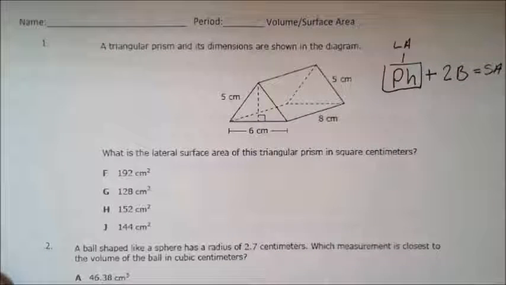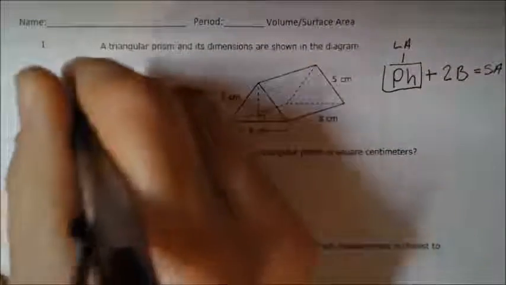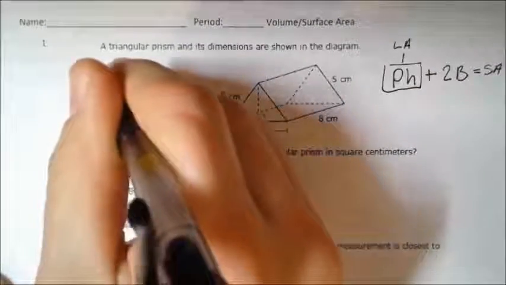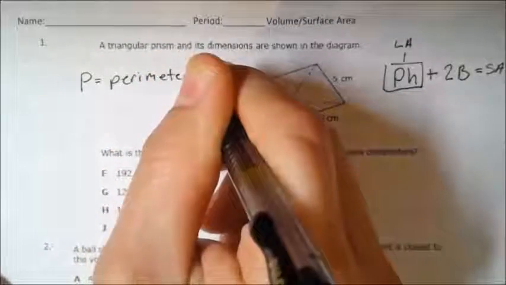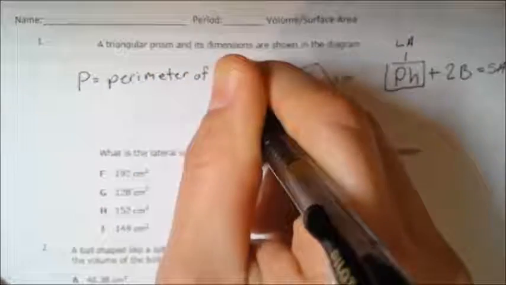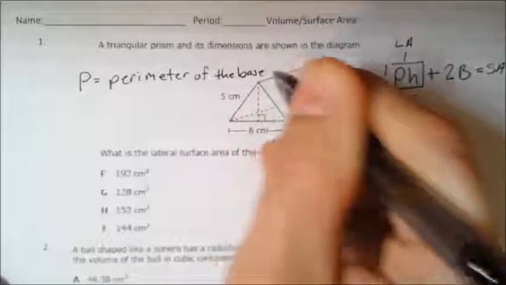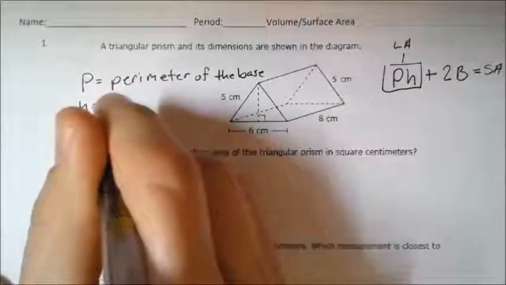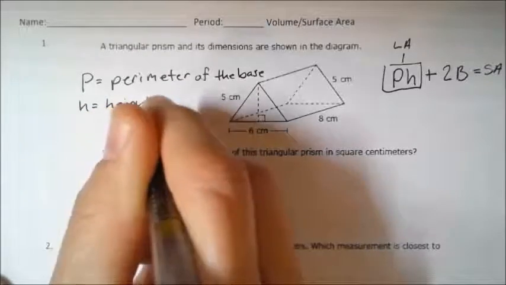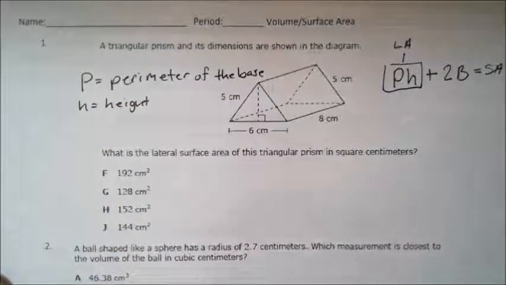So with that being said, all we need to do is just find the perimeter of our base, and that's what P stands for, and then the height. So keep in mind, and I'm just going to refresh your memory, P stands for the perimeter of the base, and then H is the height, and that's going to be the distance between the two bases.